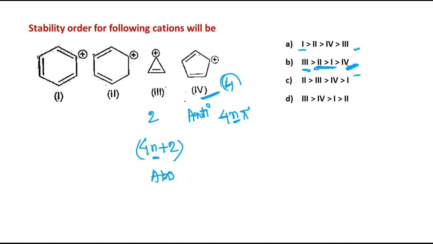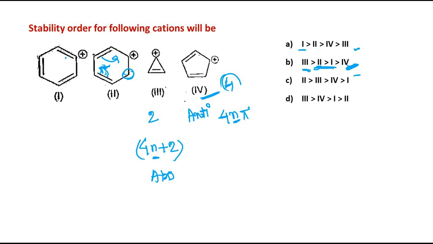In 2, there is an sp3, so there is a break. Full conjugation is not present, but partial resonance is possible, because of which there is some stability. So it is not aromatic, it is not anti-aromatic. You can say it is non-aromatic. Okay. So 2 is like this, and what about 1? 1 is basically simply a benzene ring, but as if one CH bond is broken and there is a positive charge.